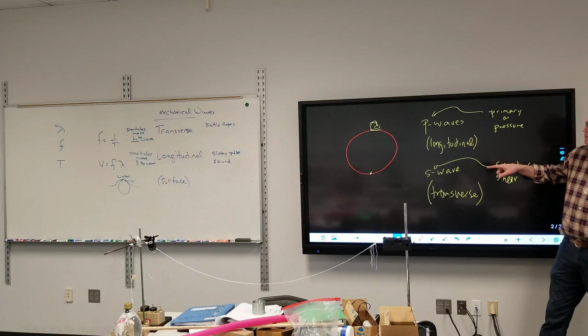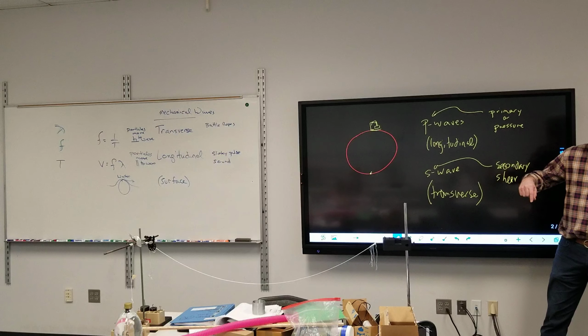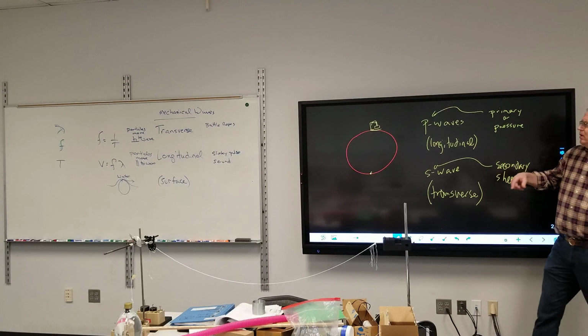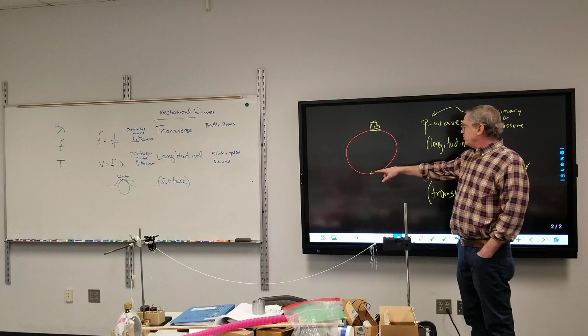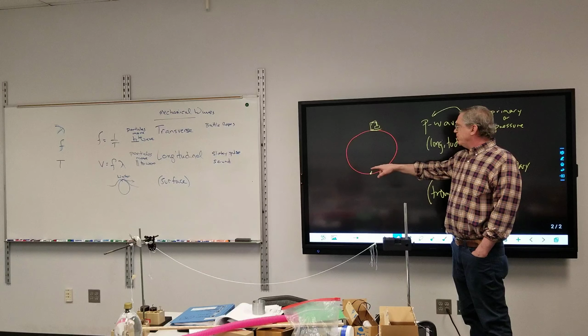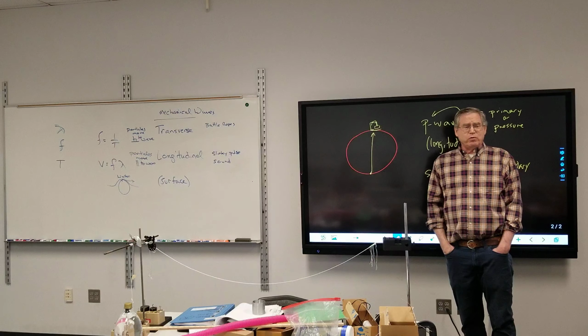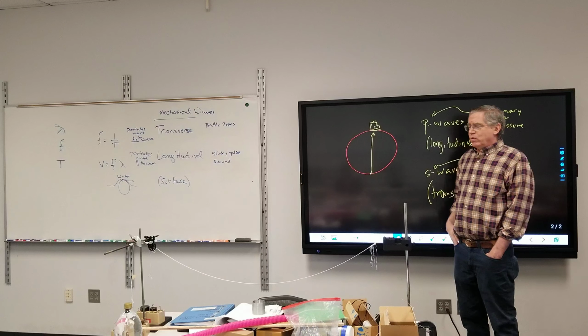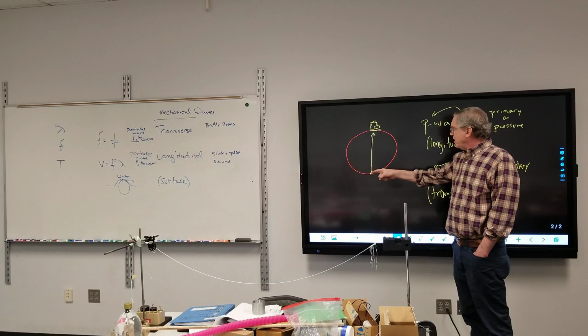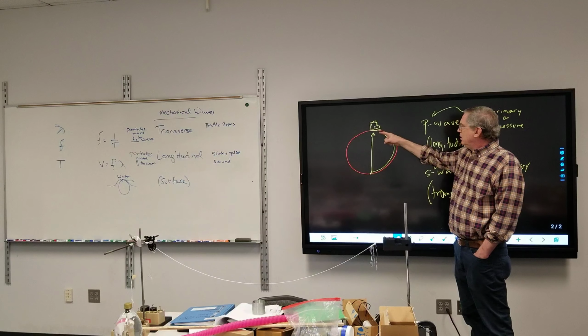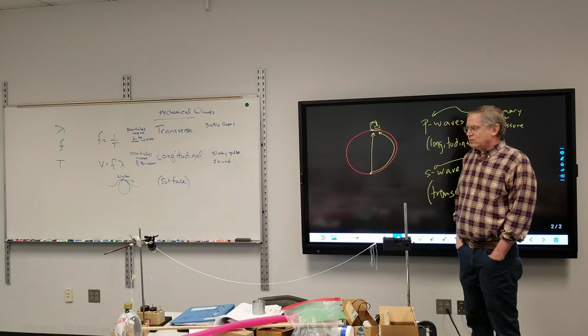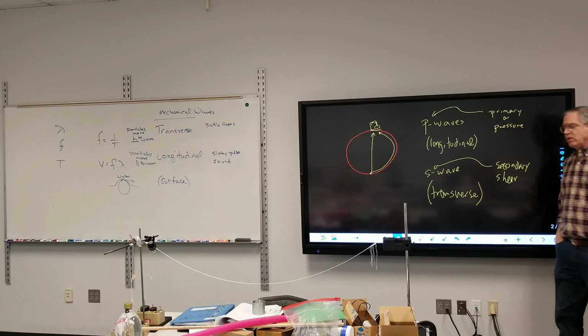So P waves get there first. Now, through a whole bunch of math, you eventually realize that P waves get there first, partially or primarily because they can go straight through the core, whereas shear waves cannot. Shear waves have to come around, so it takes longer for them to get there. They're also traveling at different speeds.